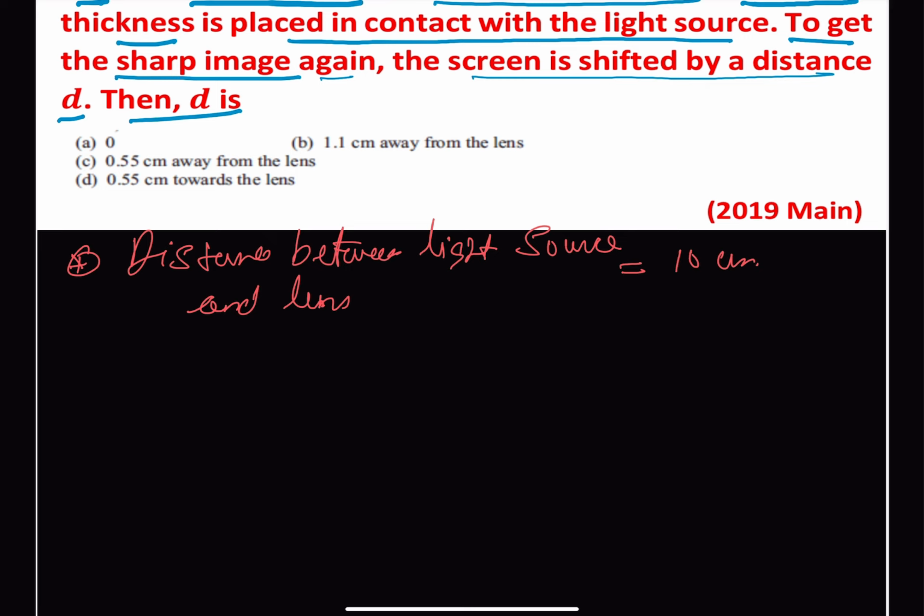We are given the distance between the lens and the screen, that is also given as 10 centimeter.